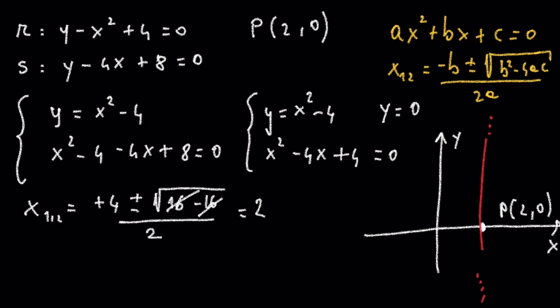So we know that the y-axis has equation x equals 0, and a line parallel to the y-axis has the equation x equals constant. Since our line must pass through the point P, 2, 0, the equation of the required line is x equals 2, or x minus 2 equals 0.